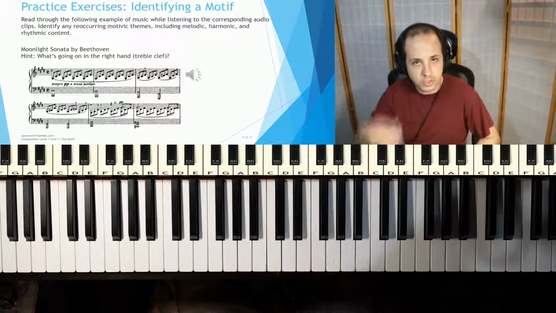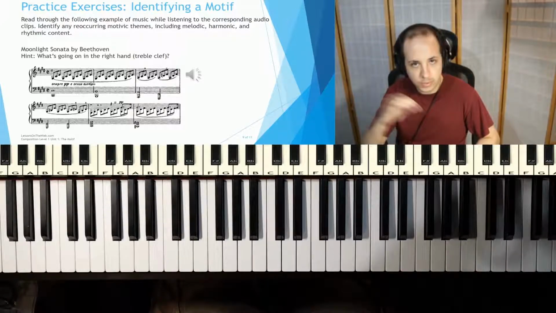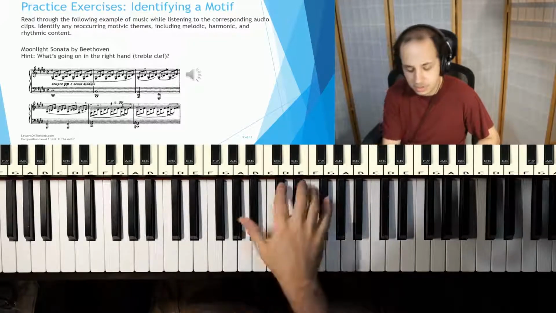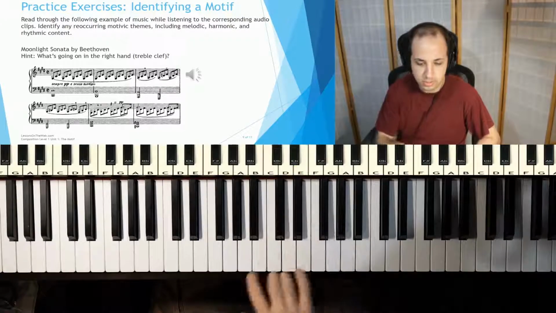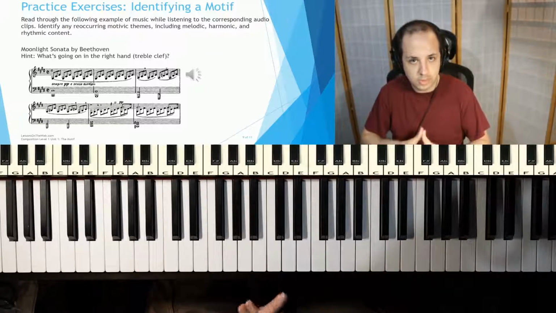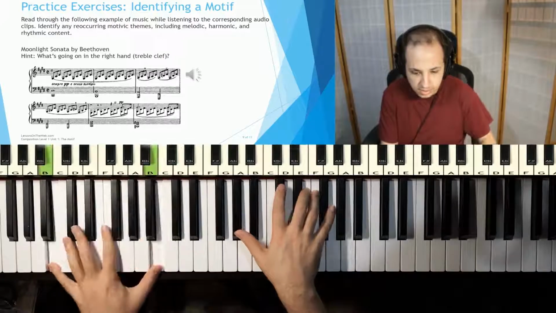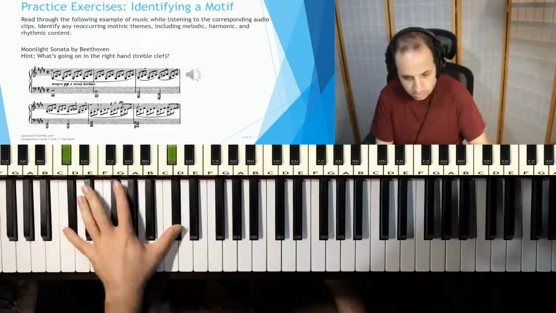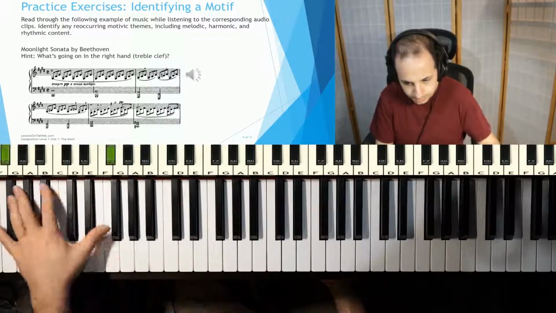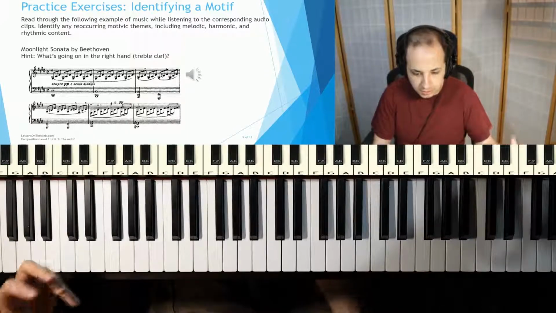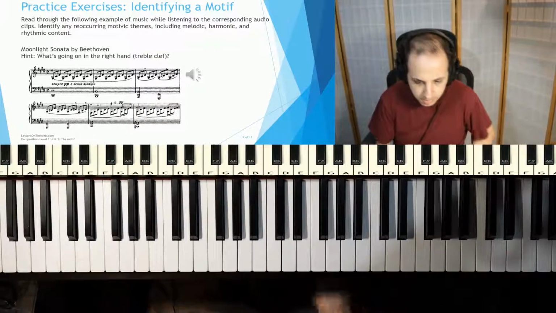So the motive is really what you recognize throughout the piece, but it still is that group of three. So it's actually a combination of the rhythm along with the melody, and then even the harmony below does provide a little bit of recognition, even though that changes a bit more.